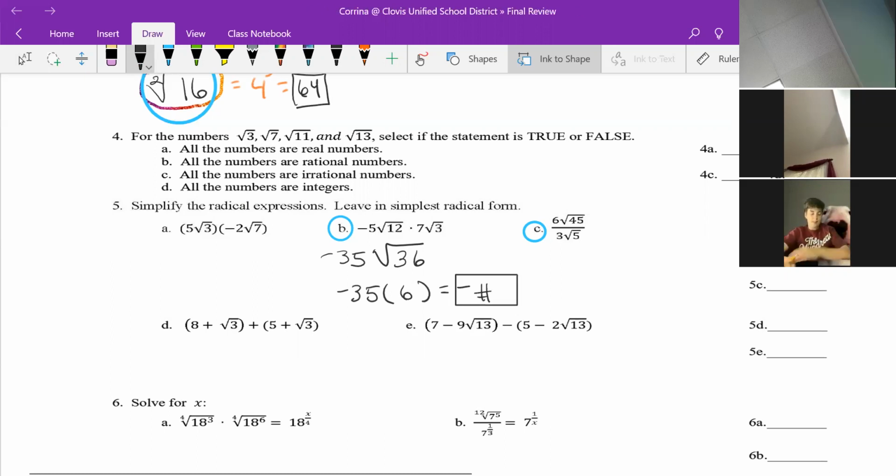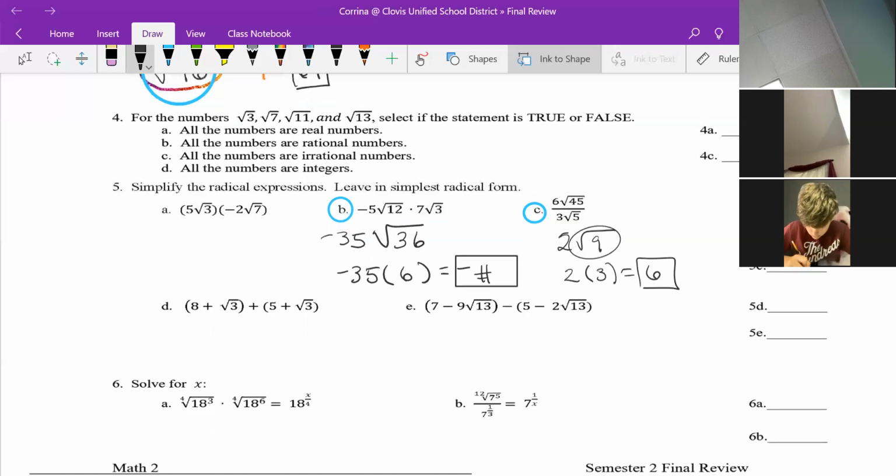And then you do the same thing here, but instead of multiplying, you divide. So what's 6 divided by 3? 2. 2 times the square root of, what's 45 divided by 5? 9. And is 9 a perfect square? Yep. So you end up with 2 times 3, which is 6. Good.